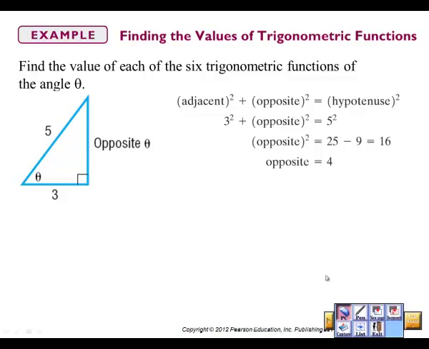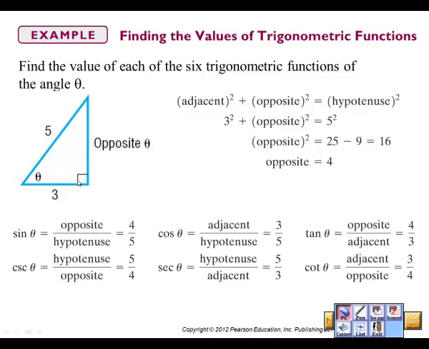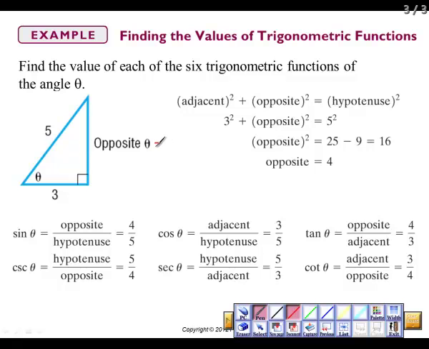And so from there, we can find our 6 trigonometric functions. Sine is going to be opposite over hypotenuse. Since the opposite is 4, that would be 4 over 5. And since sine is 4 over 5, cosecant is going to be 5 over 4.